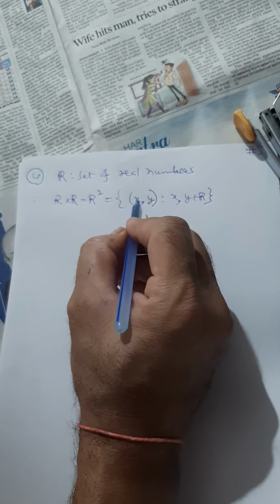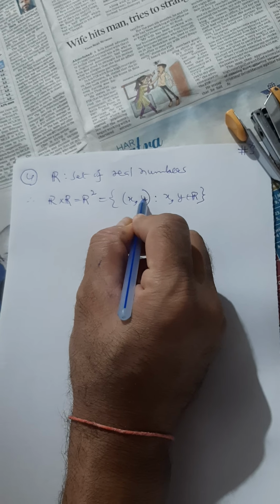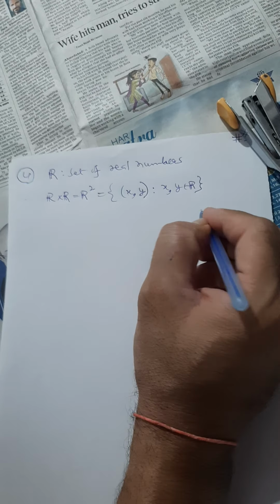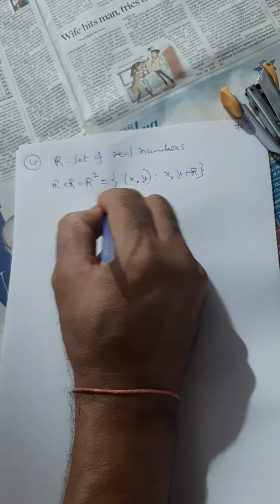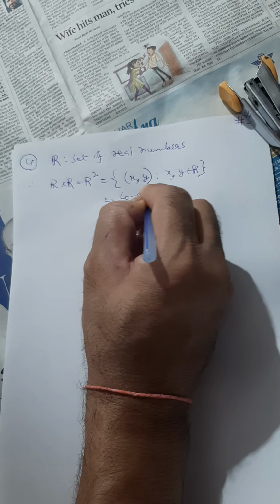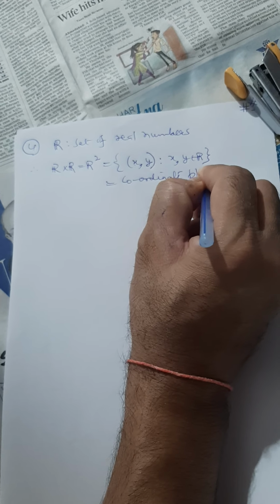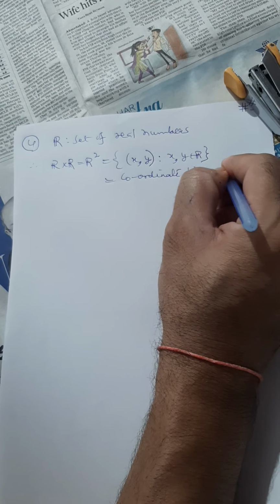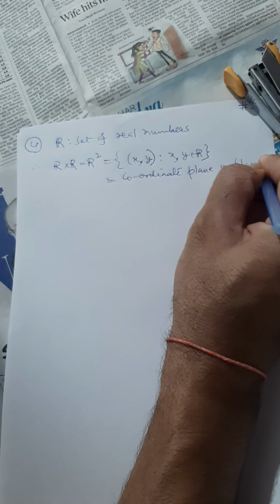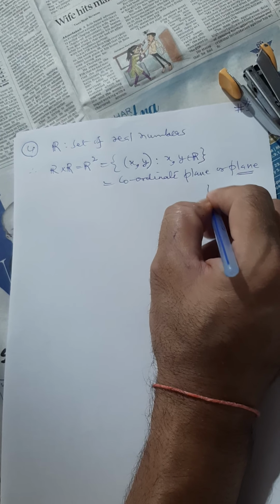This is nothing but the set of ordered pairs of real numbers, remember. So you know this is called a coordinate plane R2, or just a plane, or Cartesian plane, two-dimensional space, like this.